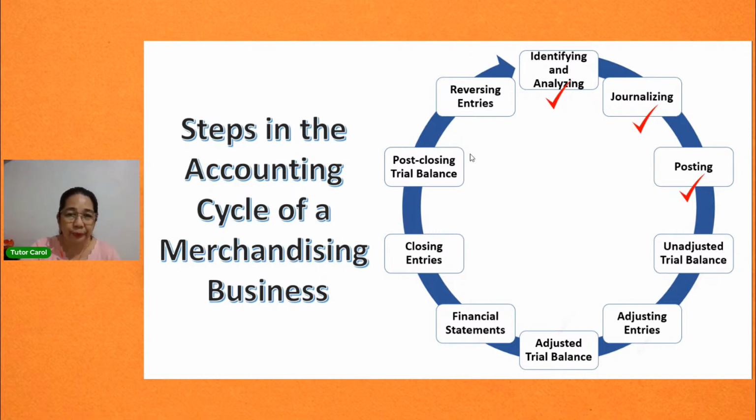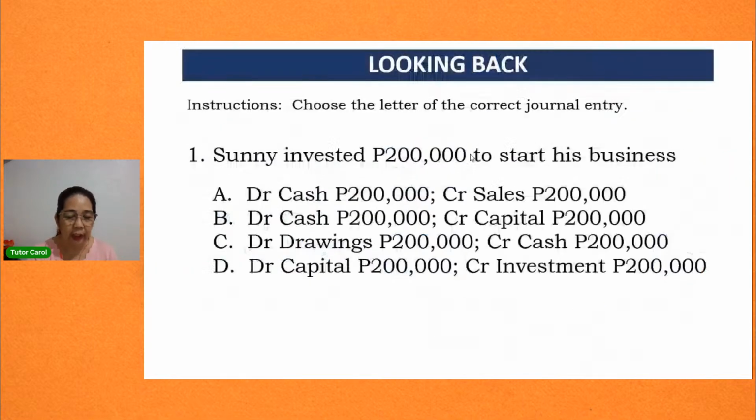Okay, next please. So, before we proceed with the main topic, let us have a review of what we have discussed last week. So, that's analyzing the transaction. So, my instruction is choose the letter of the correct journal entry. And my first transaction is Sunny invested 200,000 to start his business. Okay, so what is the correct journal entry for this transaction?